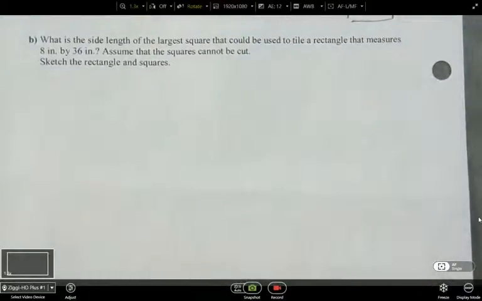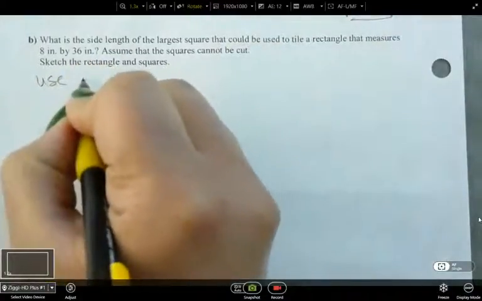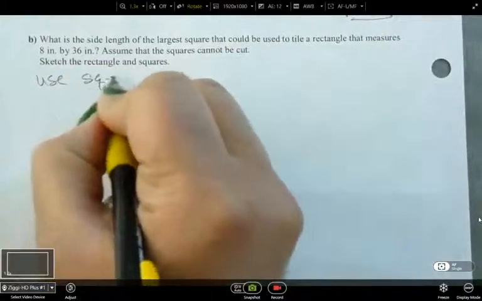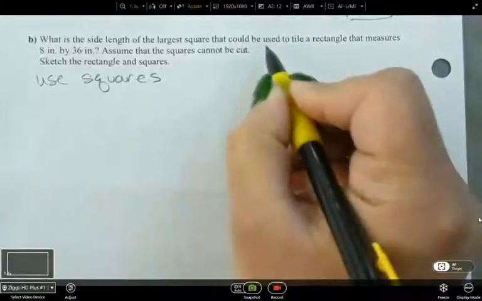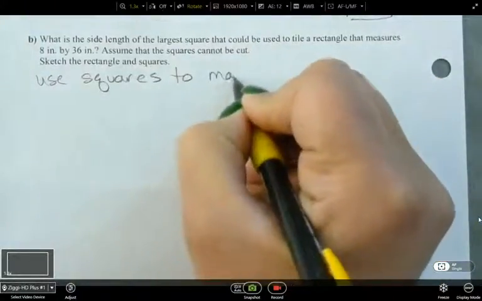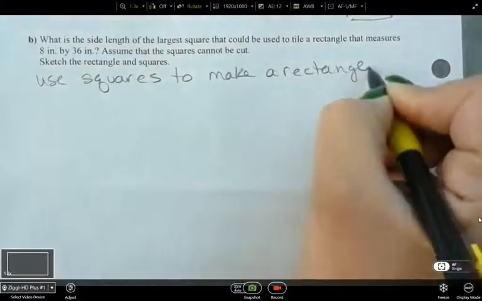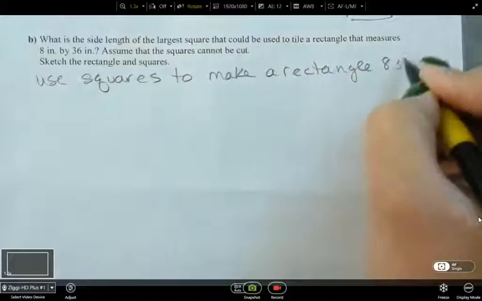Last one here. So this one says, what is the side length of the largest square that could be used to tile a rectangle? So to make a rectangle that is 8 by 36.